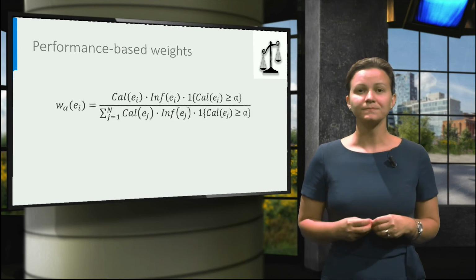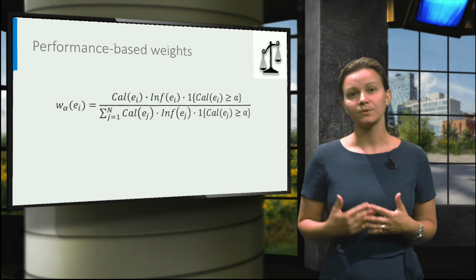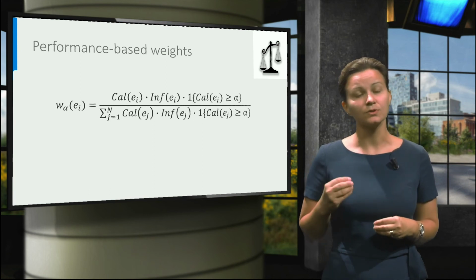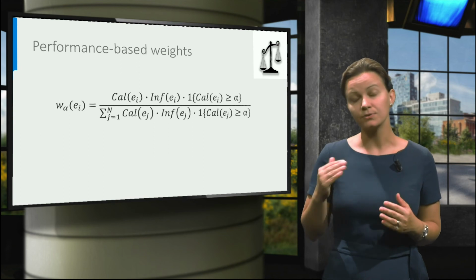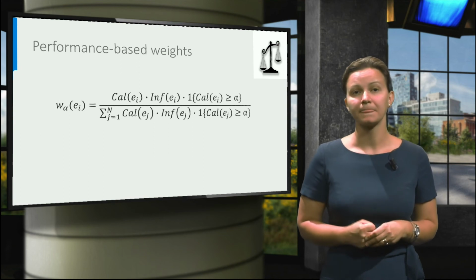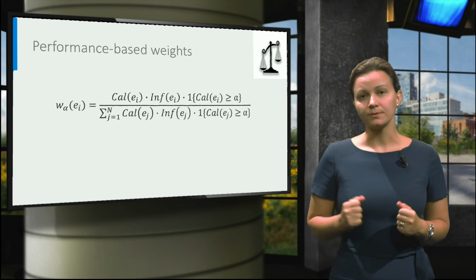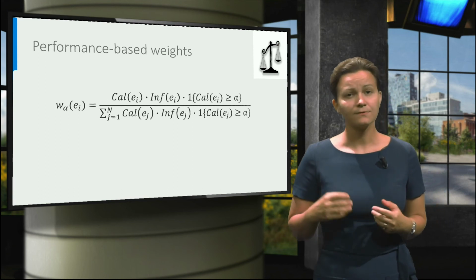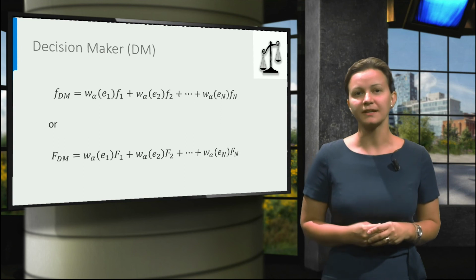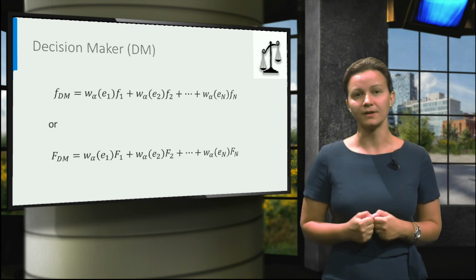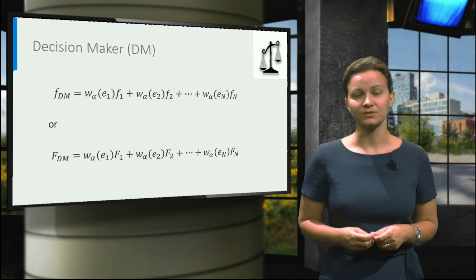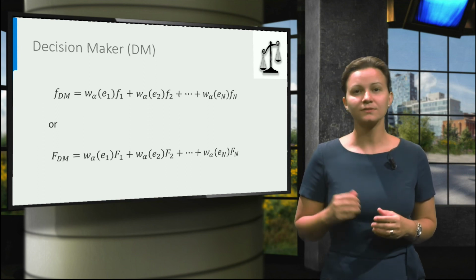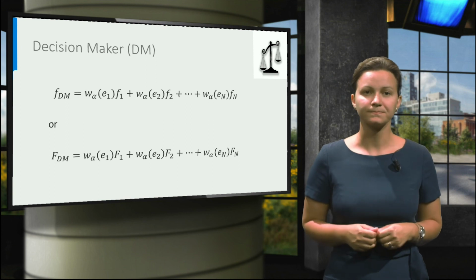This scoring rule gives us another set of weights which depend on alpha and which allows us to select the experts used in our linear pooling by using this threshold alpha. Note that when alpha is 0, we retrieve the weights introduced before. Finally, we can use the newly obtained weights, which depend on alpha, to aggregate experts' distributions. The decision maker density or cumulative distribution function will follow.